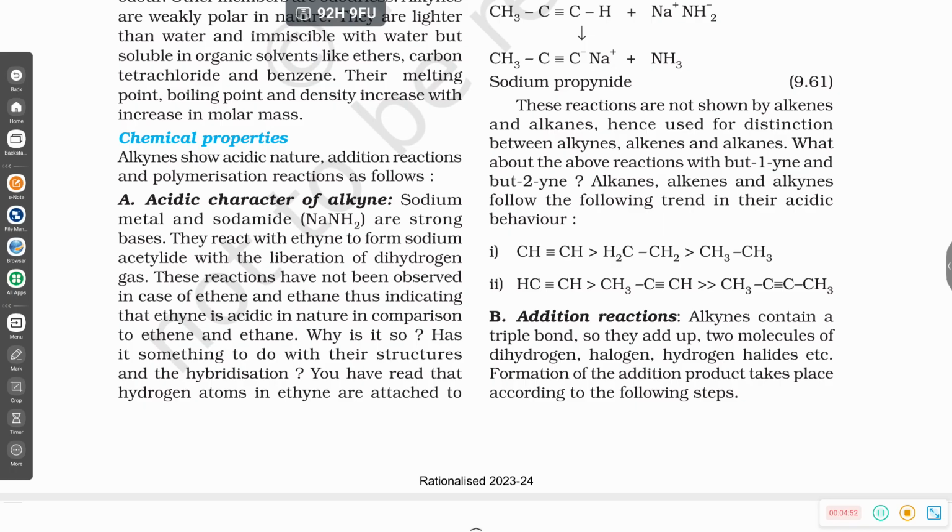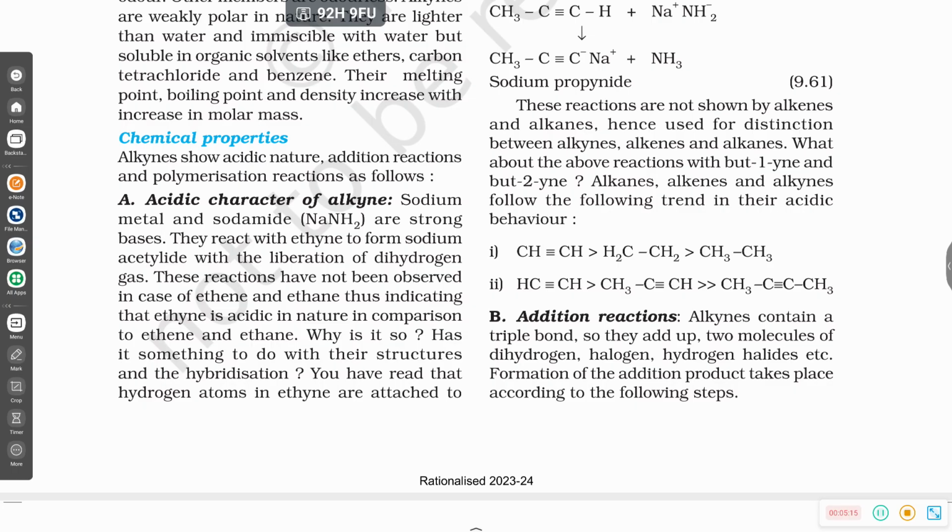Substituted: when I am substituting, acidic nature decreases. So they will give it in statement type like that. This is the character for acidic nature, the order of acidity. You should understand that. Alkynes are strongly acidic in nature, but alkanes are not. When substitution occurs, acidic nature decreases.